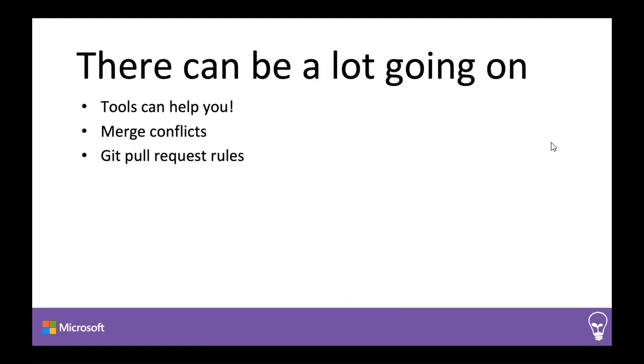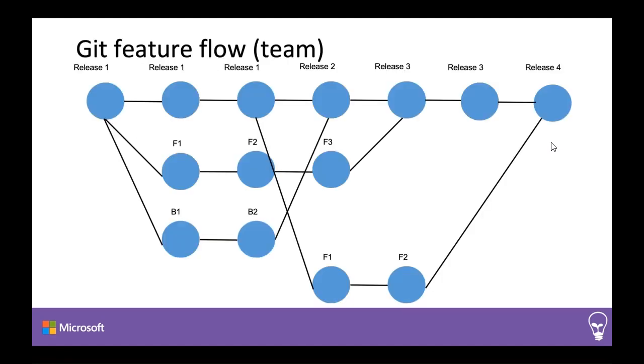But yeah, there can be a lot going on, especially when you get into more advanced projects. And as you go through the program, you might have to deal with some complexity like that. So these different tools can help you, especially if you're working in a team. And there are different things that can help you with your merge conflicts. So if we take another look at this graph, we have a very busy network graph.